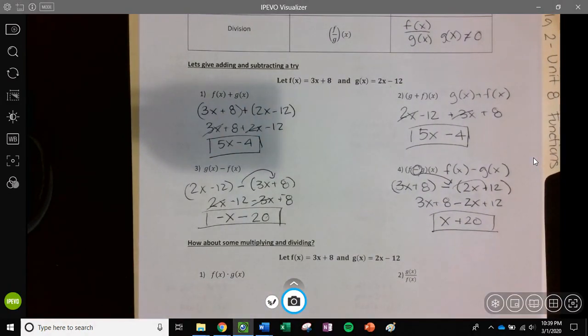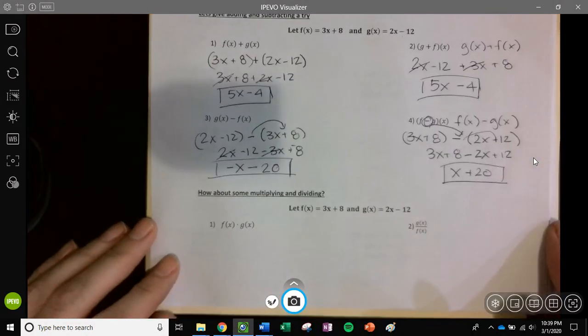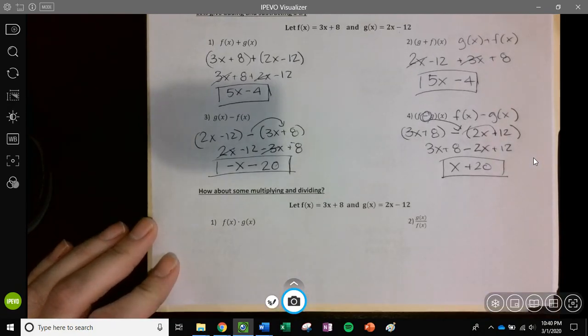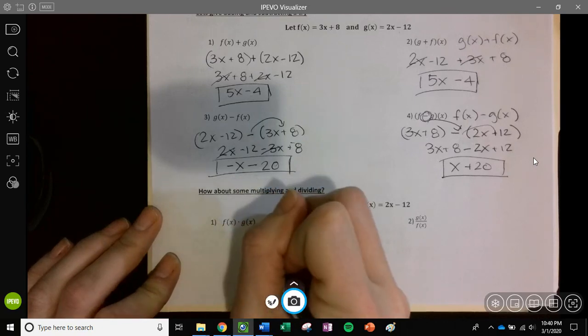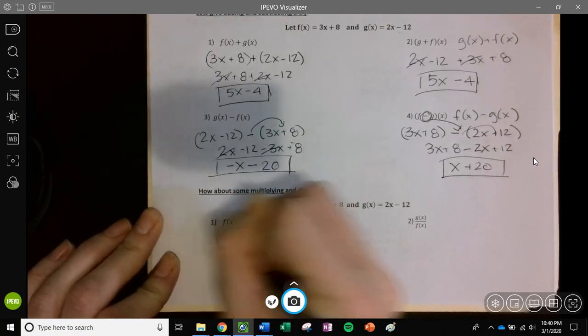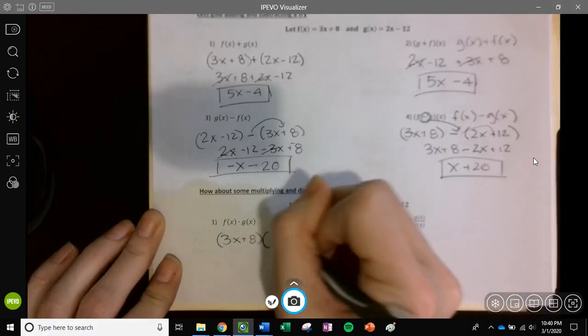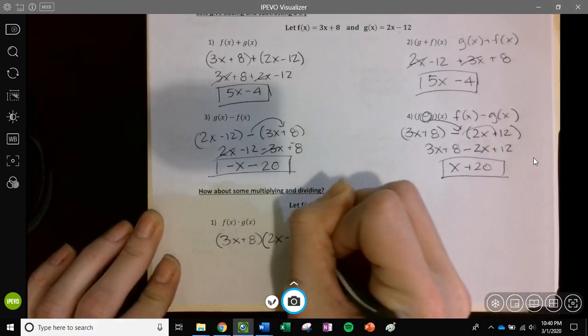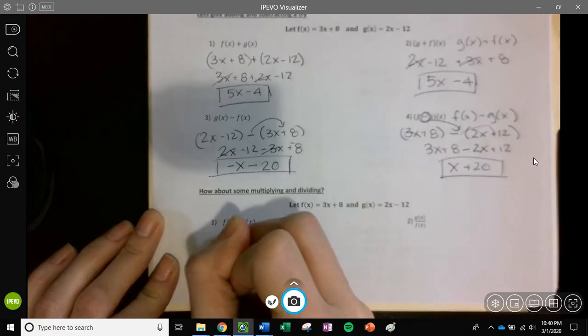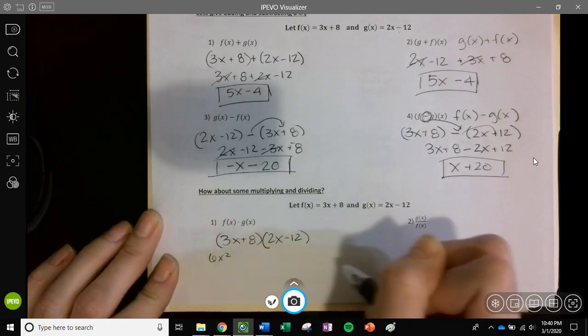We can handle this. Let's try some multiplying. f(x) times g(x). We're going to FOIL. So now we're going to do (3x + 8) times (2x - 12). God, I love FOILing. My first term, 3x times 2x, is going to give me 6x squared.